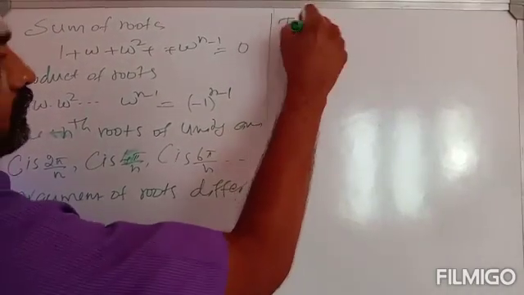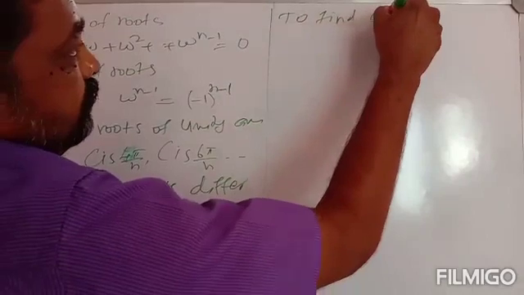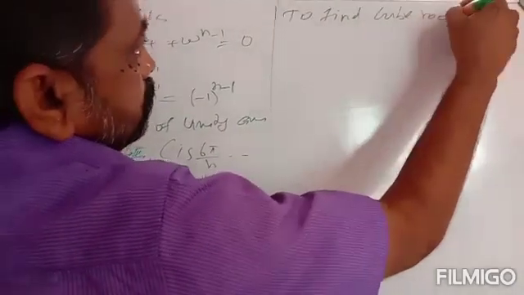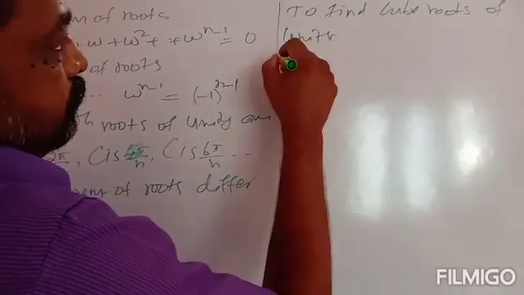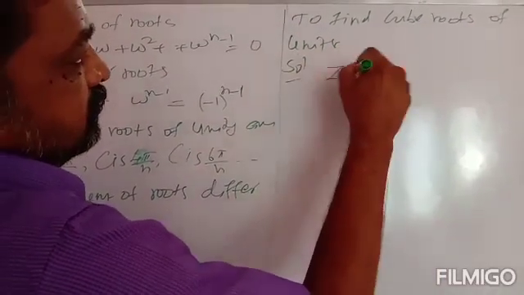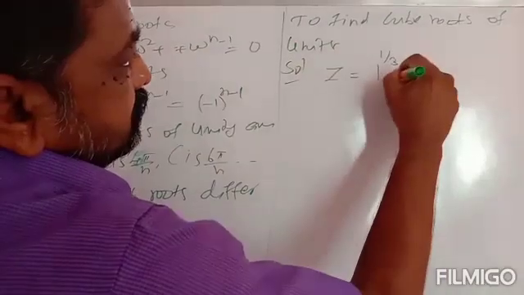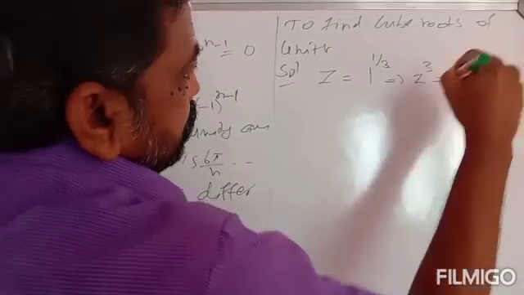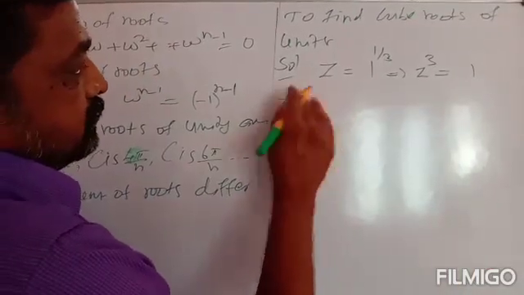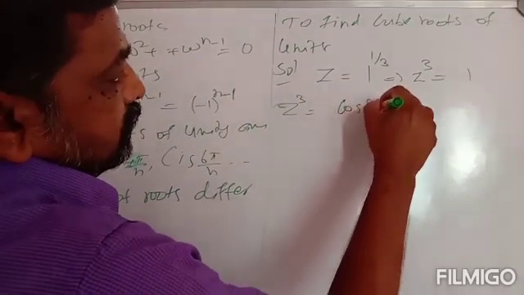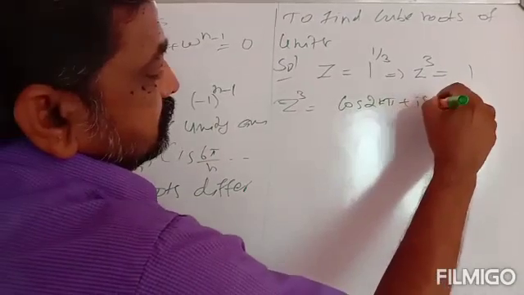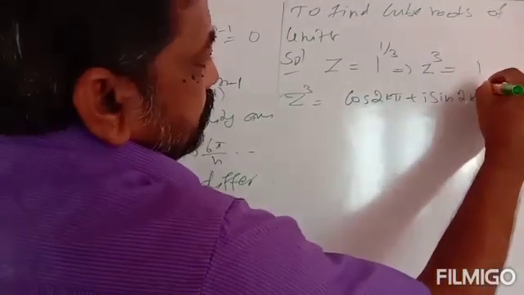Next, to find cube roots of unity. Their solution: z is equal to 1 power 1 by 3. This implies z cube is equal to 1. This implies z cube is equal to cos 2k pi plus I sin 2k pi.